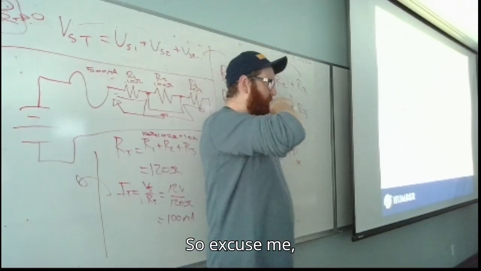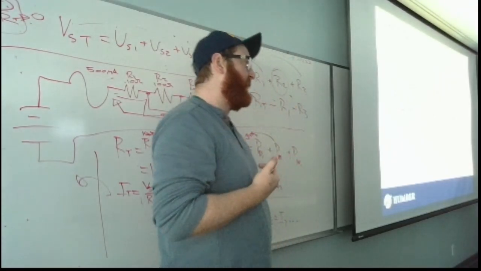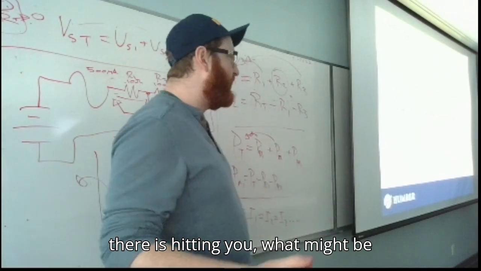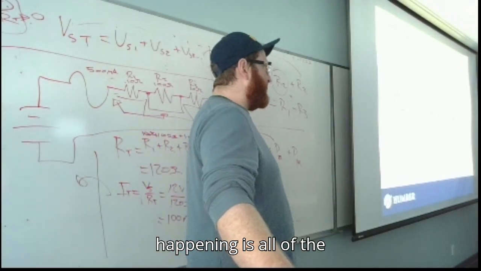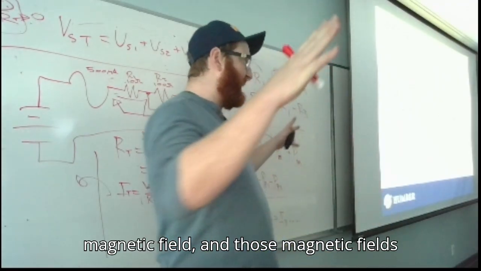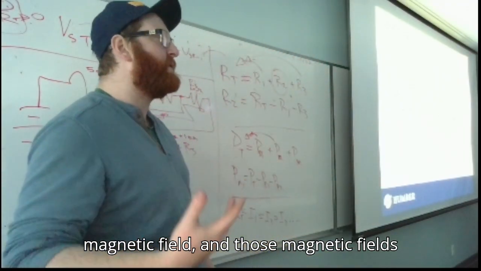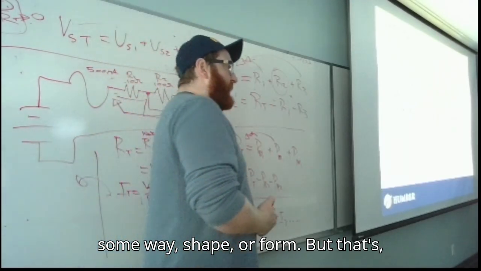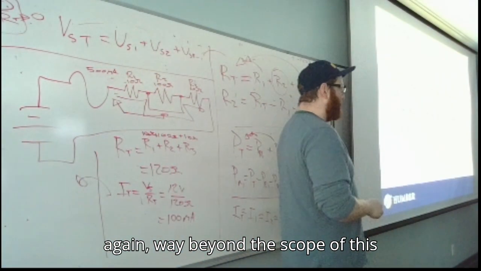So, excuse me, I don't think any of the voltage from there is hitting you. What might be happening is all of the wires create some magnetic field, and those magnetic fields might be interacting with your body in some way, shape, or form. But that's, again, way beyond the scope of this course.